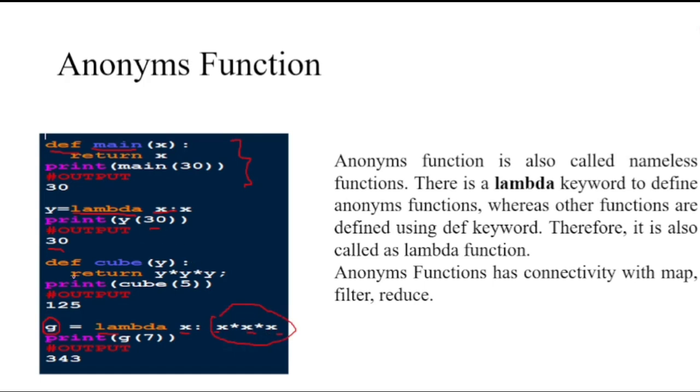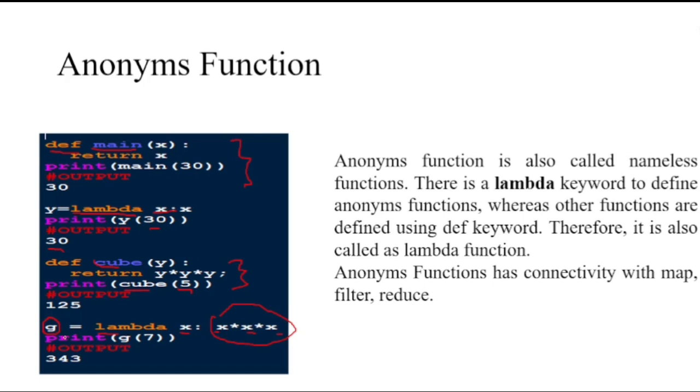Here, for the normal function, we have def cube of y. Cube is the function name, y is our parameter, and then we have the operation we want to perform, y times y times y, which is the cube of y. Then we call the function name cube and pass the value of y. That is the same thing as the lambda or anonymous function.